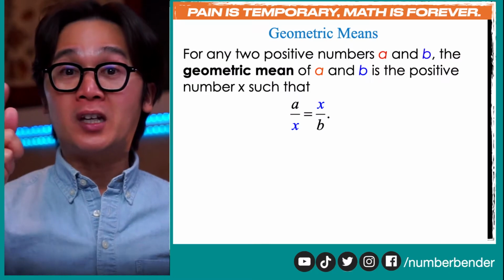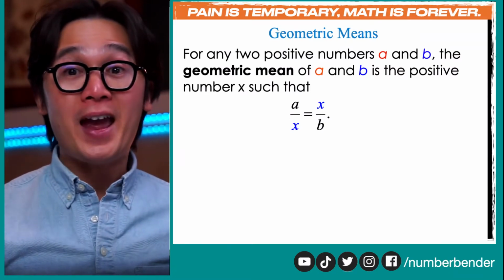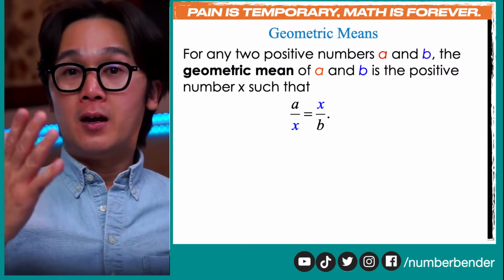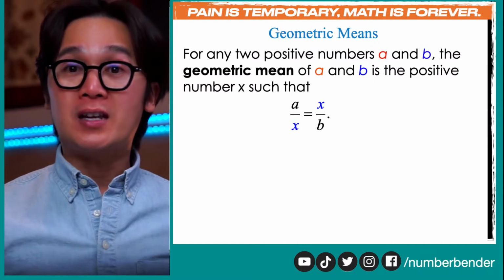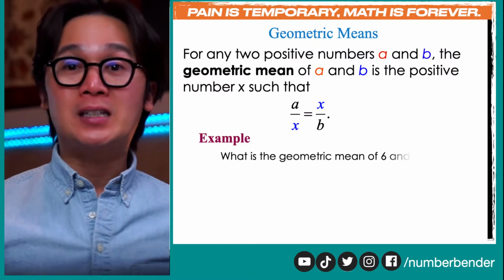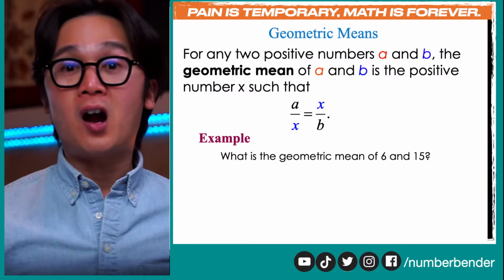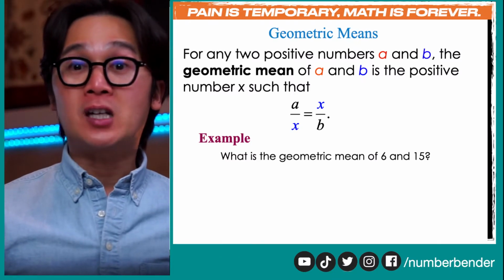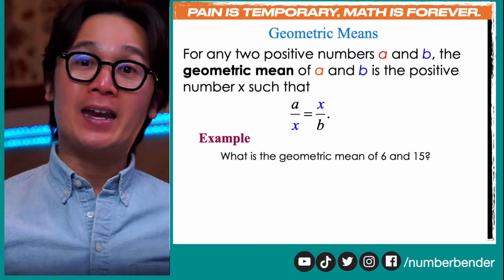And notice that we are sharing the same variable x for this particular proportion, and we're going to use this in this particular example when we are looking for the geometric mean of 6 and 15.